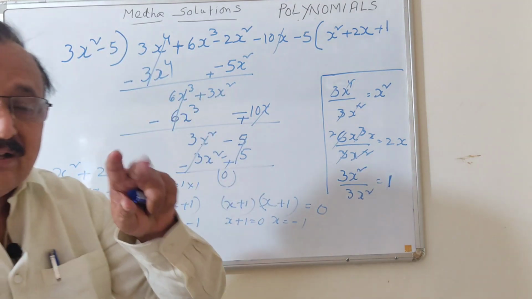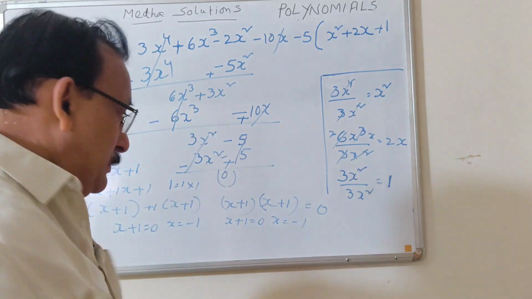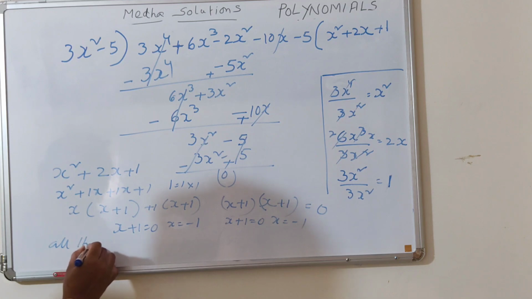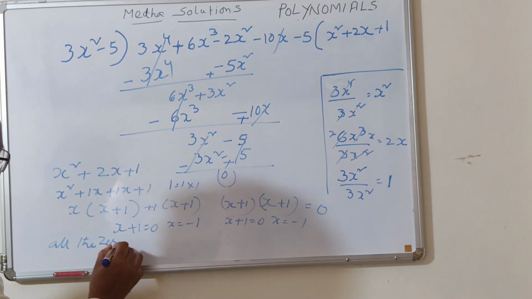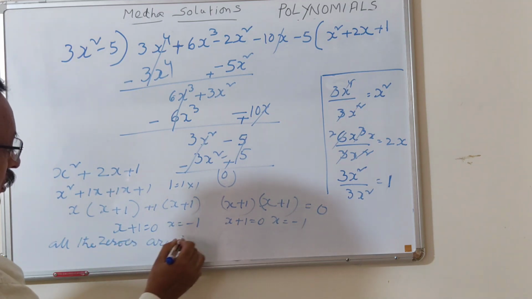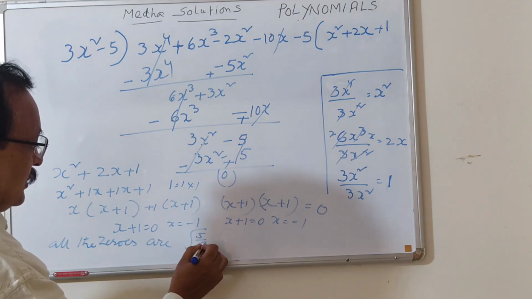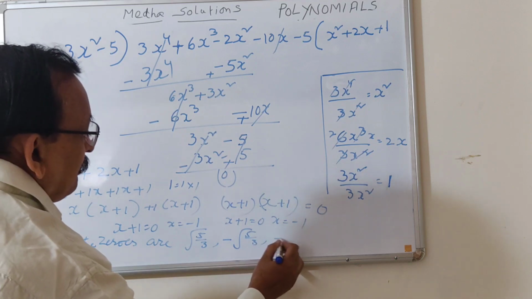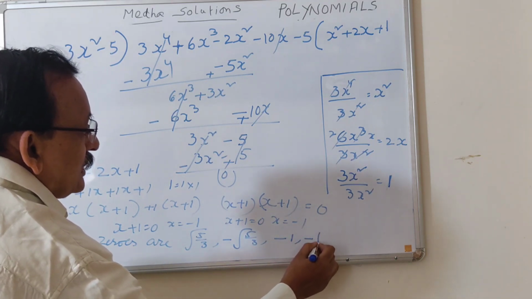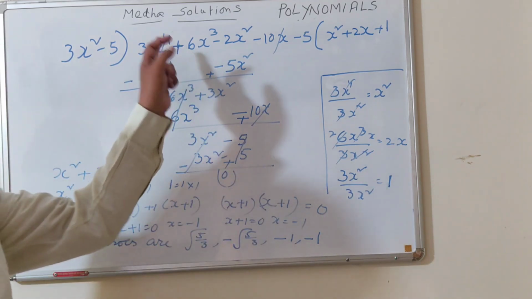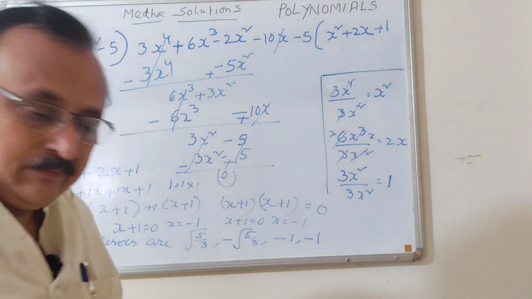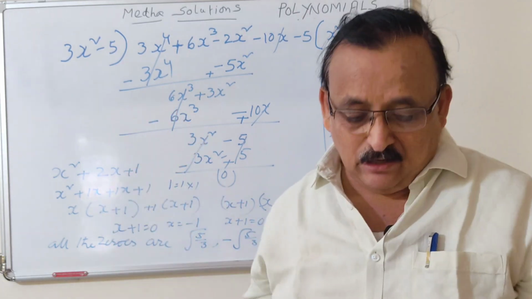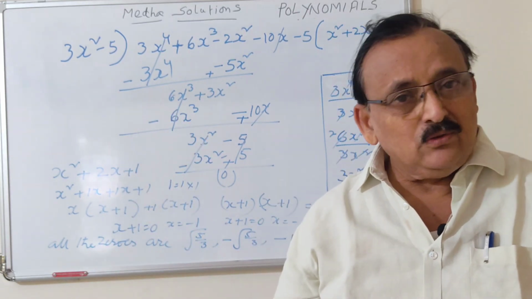Our given values are root 5 by 3 and minus root 5 by 3. Now all the zeros of the given biquadratic polynomial are root 5 by 3, minus root 5 by 3, minus 1, minus 1. Now you can know how to solve this biquadratic polynomial to find the other two zeros.